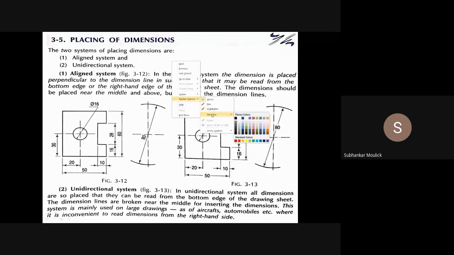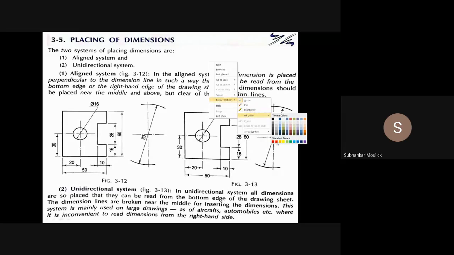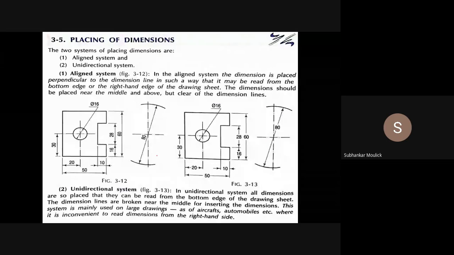The next slide will tell you about the dimensioning concept. That means how to give a dimension to any object which you have drawn. Generally, in drawing, we use two types of dimensioning. Either you can use the aligned system of dimensioning or you can use the unidirectional system of dimensioning.